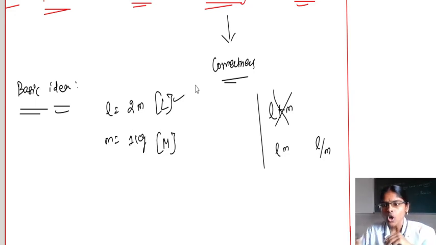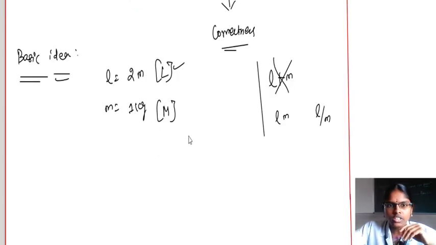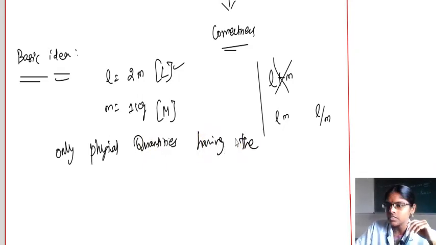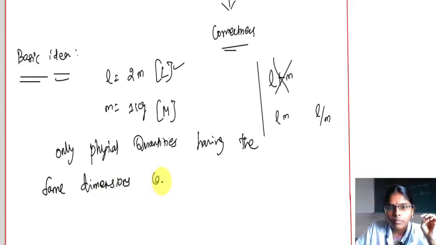So the basic idea, just write this down: only physical quantities having the same dimensions can be added or subtracted.